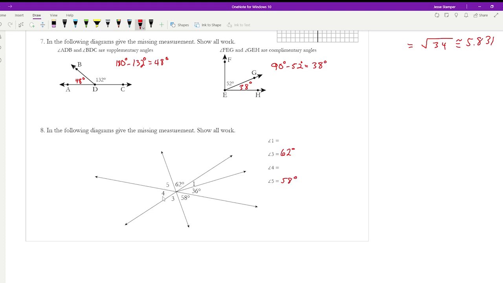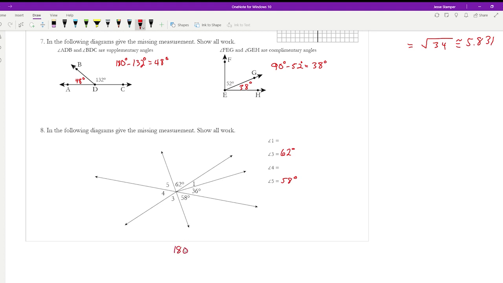But angle 4 is actually the vertical angle to the sum of angle 1 and 36 degrees. So we either need to find out what angle 4 is, or we need to find out what angle 1 is. The easy way would be to just go, well, 3, 4, and 5 make up a straight line. So they should equal 180 degrees.